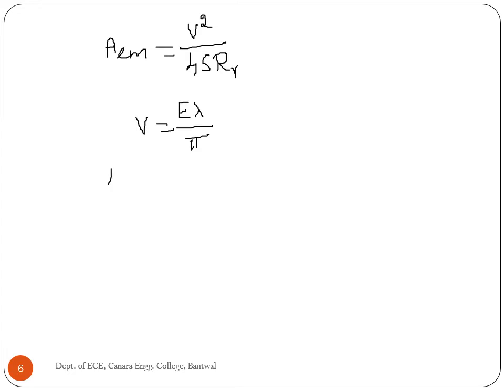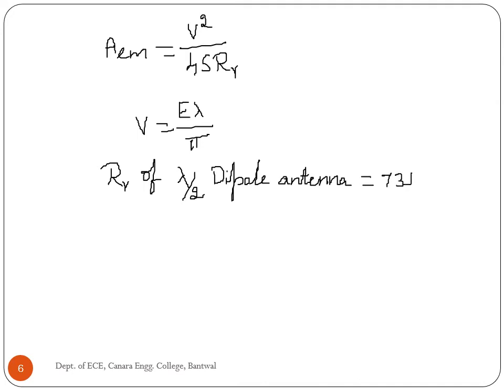Radiation resistance of lambda by 2 dipole antenna is 73 ohm.